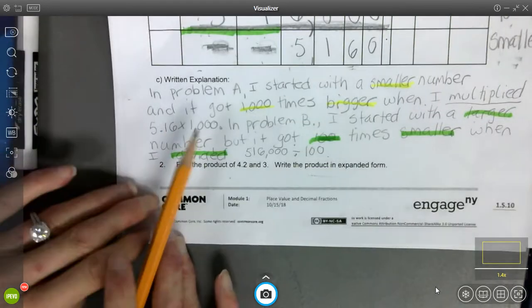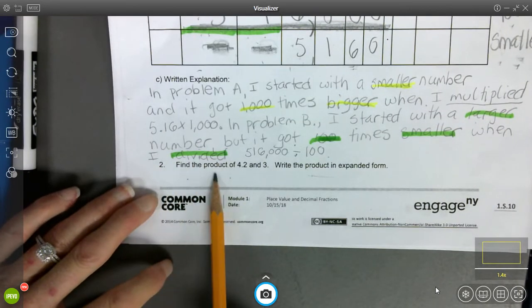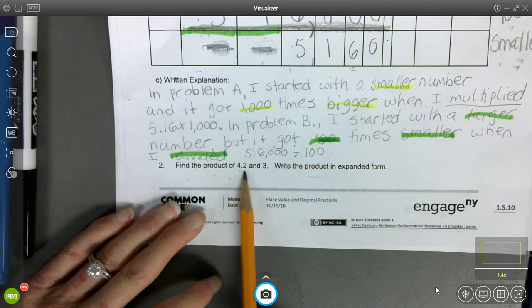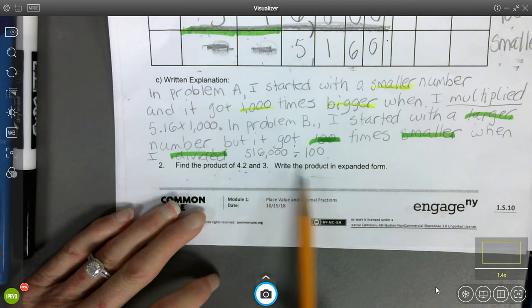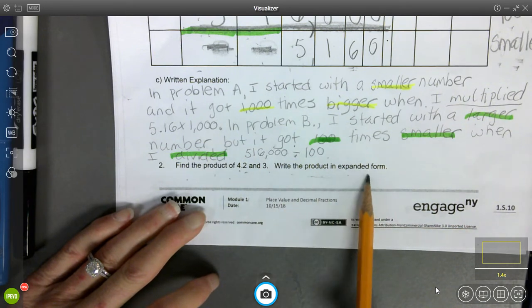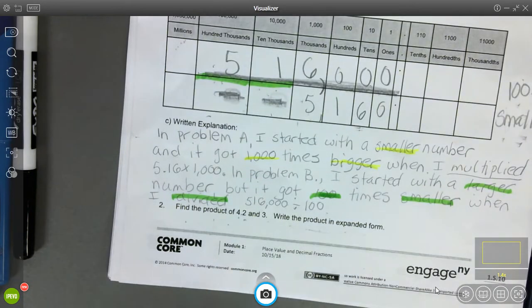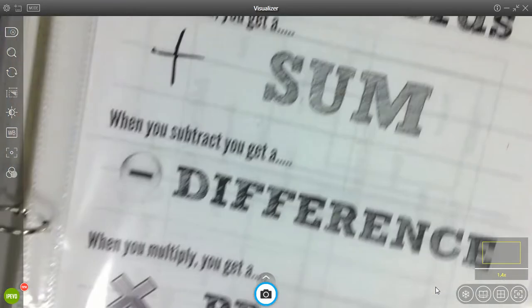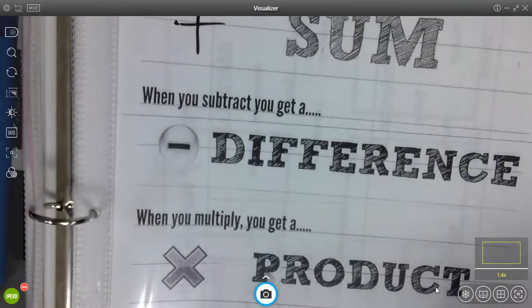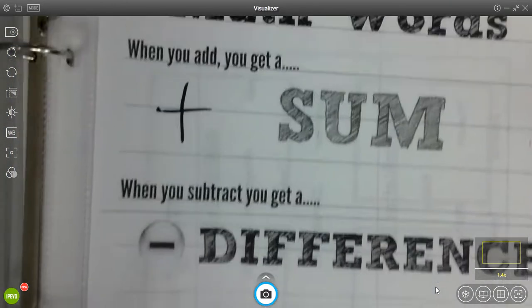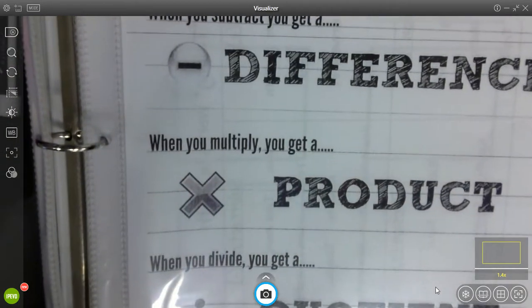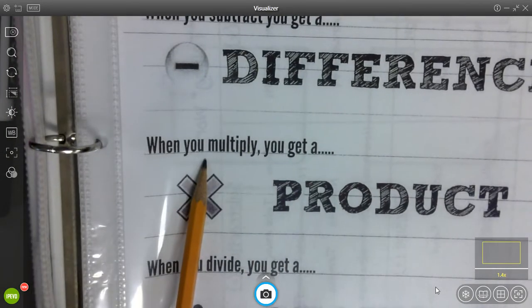And then the next problem said, find the product of 4 and 2/10 and 3. And it says write the product in expanded form. So you would want to use 2 tools if you're not sure what these words mean. In your math binders, you have a page that looks like this. You're going to want to use that. It tells you product means you're multiplying.